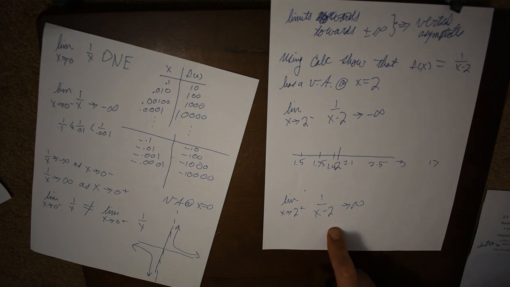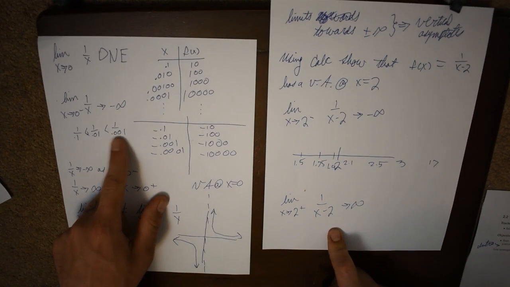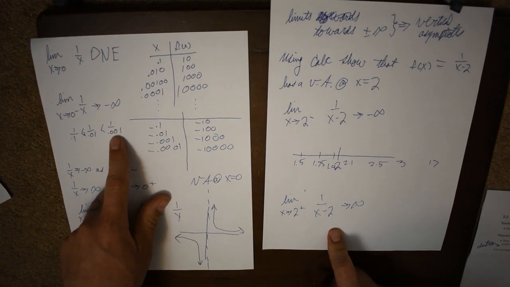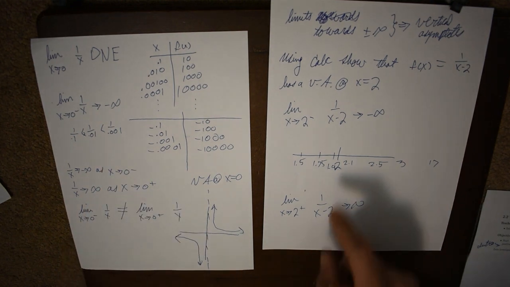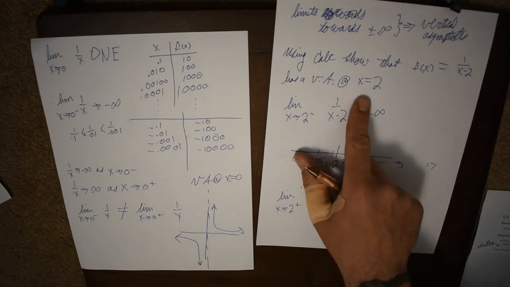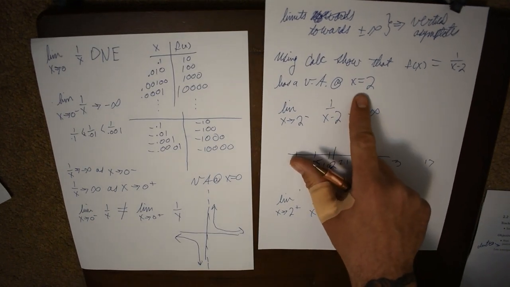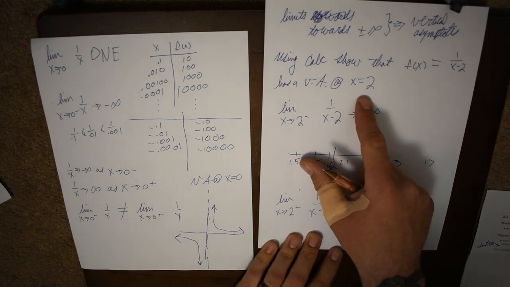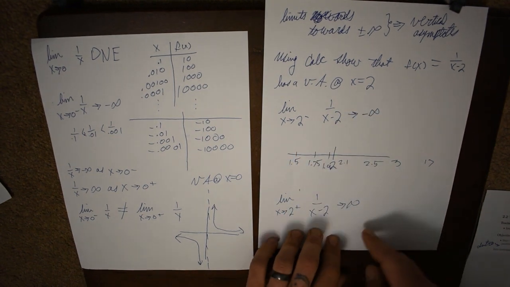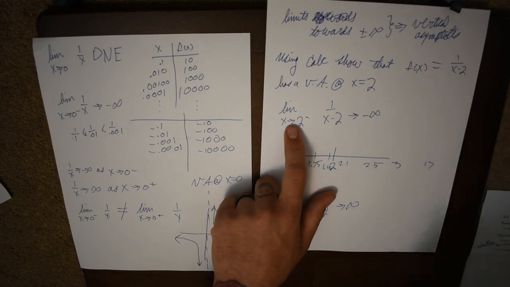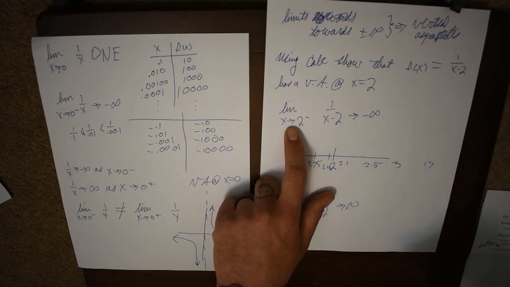So, a big takeaway, if the denominator shrinks and the numerator stays the same, the numbers get bigger. So, using calc to show that a vertical asymptote exists, just take the limit at that point. Or take the limit as we approach it from different directions. Because notice how the limit isn't going to exist.